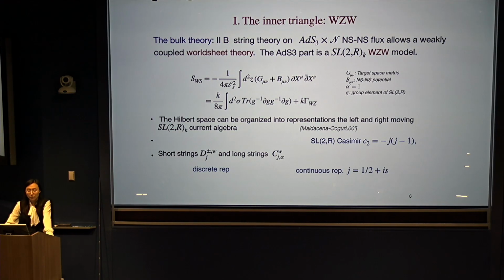And there's another sector, the long string sector. These are continuous spectrum, also characterized by the Casimir and the winding number w. For the continuous representation, it is very important that we include this winding number.